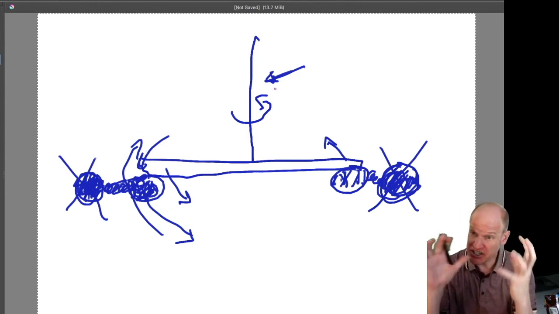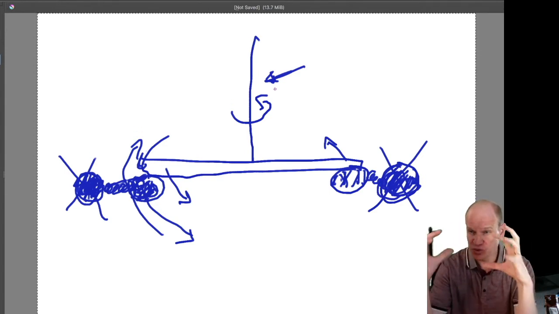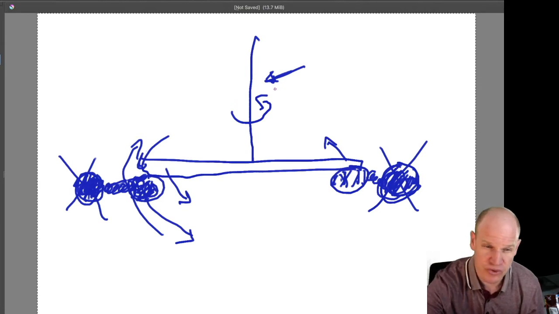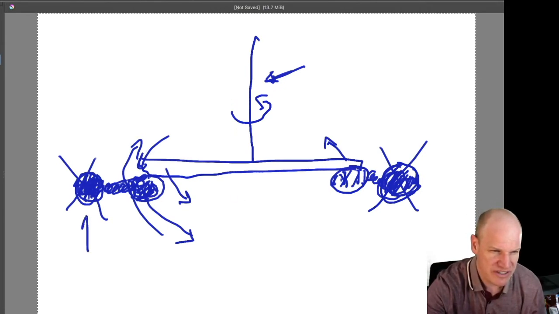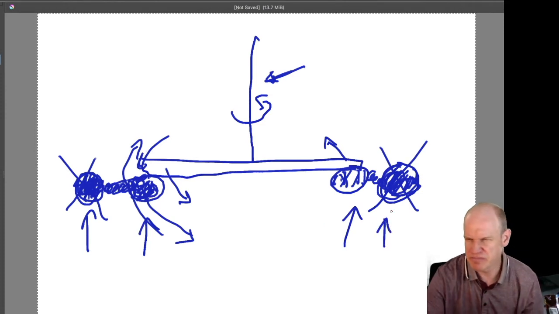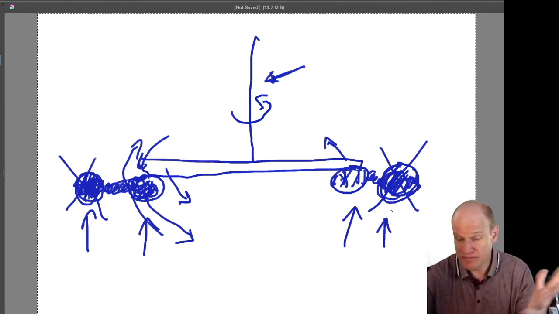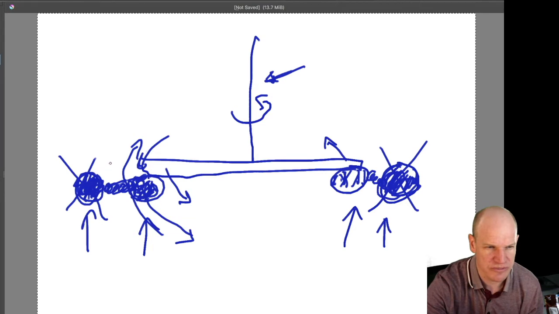You can measure the change in the oscillation frequency of this torsion pendulum, and that will tell you the strength of the force between these two objects here and these two objects here. You get basically a factor of 2, so you divide by 2, and that gives you the strength of the coupling between this mass and this mass.